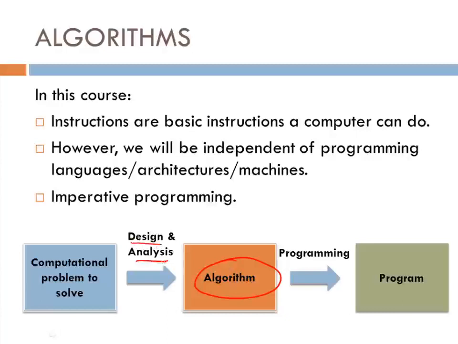You can do a time analysis to figure out how fast the program will run, and analyze how much space it would take, and so on. Once you've designed the algorithm and it meets your expectations, you can go ahead and program it in any programming language of your choice, like C or Java or C#. Though we will not tie ourselves to any programming language per se, we will follow the imperative programming style, because it turns out that imperative programming is much easier to analyze for time complexity and so on.